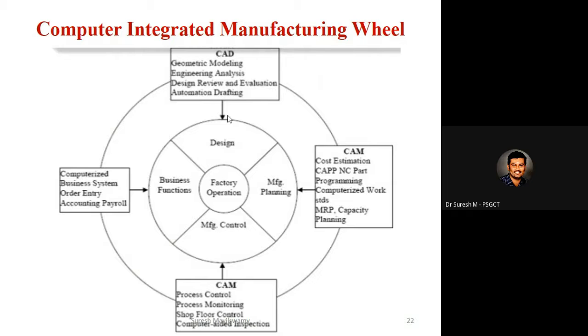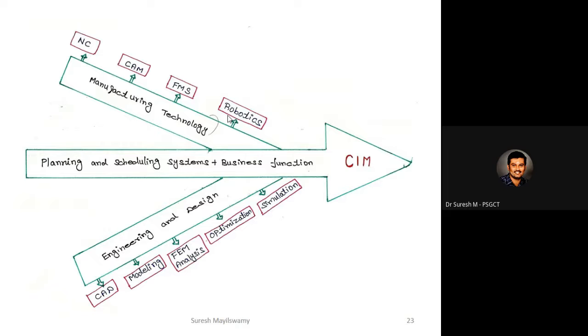Here, computerized business systems like order entry, accounting, payroll, automatic bill transfer, and automatic accounting, everything will be taken care of by business functions. So all these four categories are considered in CIM, computer integrated manufacturing. These are the tools required for CIM. Considering engineering and design, we need CAD, modeling, finite element method and analysis, optimization and simulation.